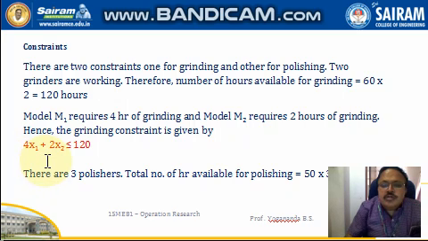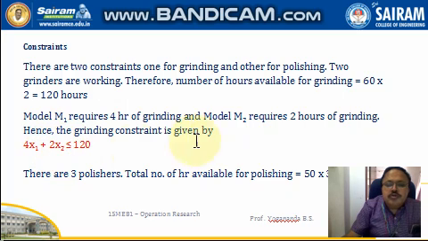Similarly, one piece of model M2 requires 2 hours of grinding. If I am producing x2 number of units of M2, the total grinding hours on model M2 will be 2 into x2. So model 1 grinding hour requirement plus model 2 grinding hour requirement together should not exceed 120 hours. So it is less than or equal to 120 hours.